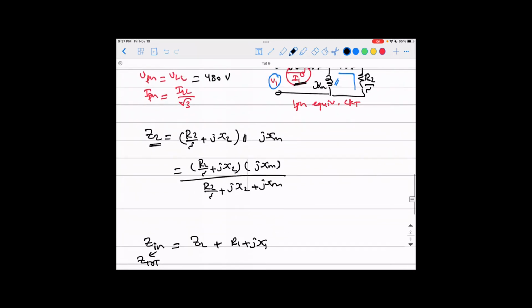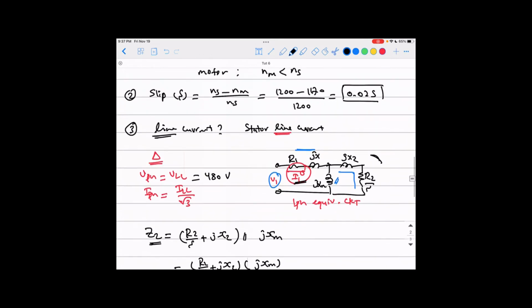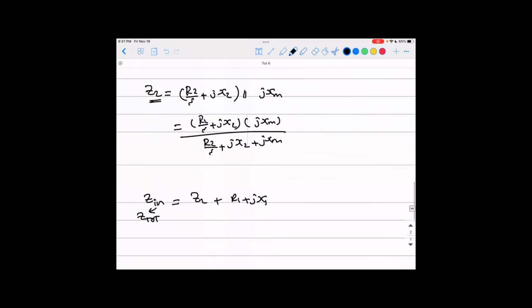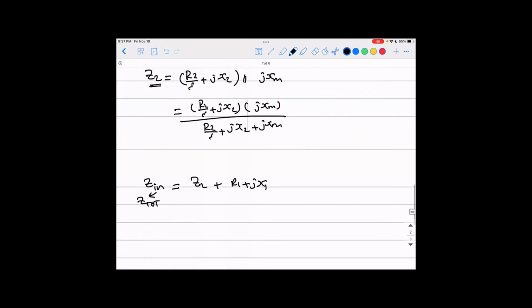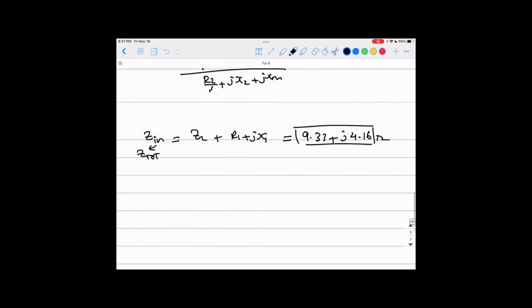Everything here is given. You know the slip. We have already calculated it here, so that is your slip, 0.025. And all those parameters are given in the problem, so you can do this with your calculator to give you 9.33 plus j4.16 ohms. That is the total impedance. So you can directly find I1.